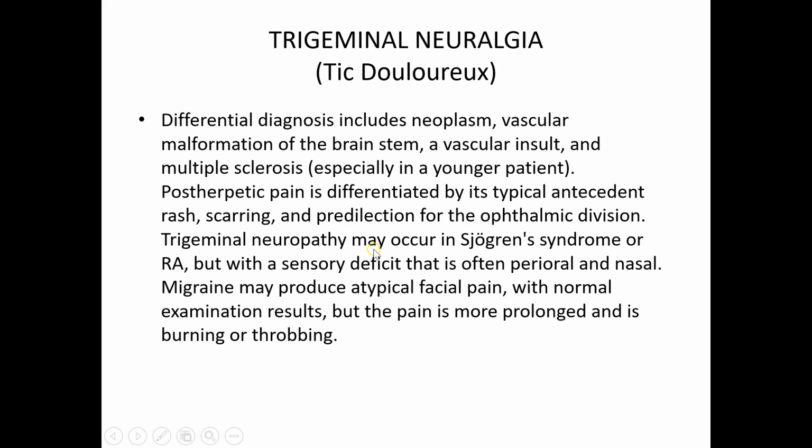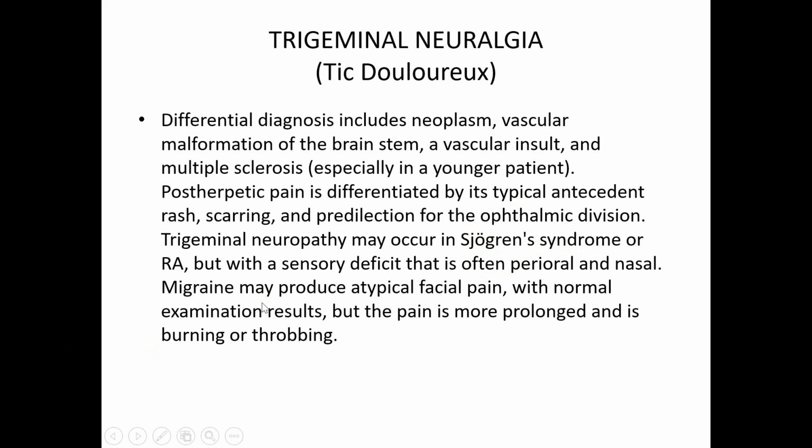Trigeminal neuropathy may occur in Sjogren's syndrome or rheumatoid arthritis, but with sensory deficit that is often perioral and nasal. So in Sjogren's syndrome or connective tissue disorders, trigeminal neuropathy may sometimes occur, and the sensory deficit that may be found is perioral and nasal.